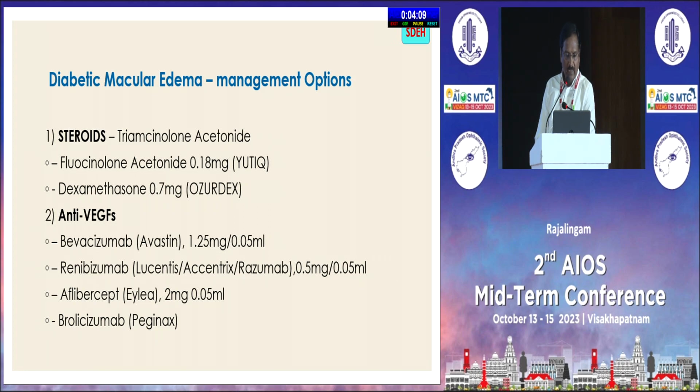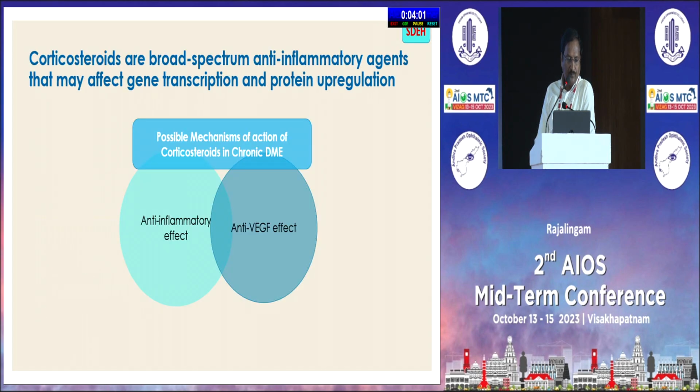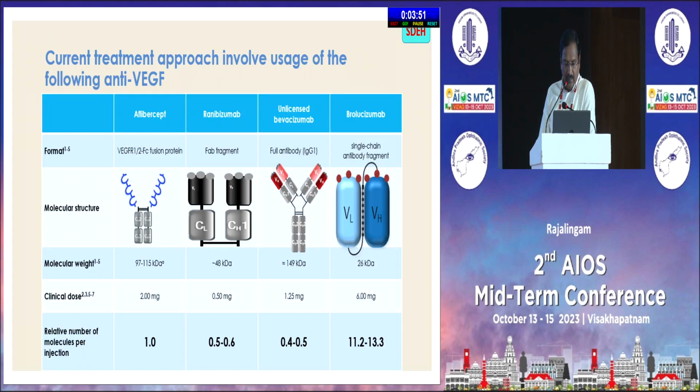There are many options available: steroids, anti-VEGFs, lasers, and ultimately pars plana vitrectomy. Steroids act in chronic CME with an anti-inflammatory as well as an anti-VEGF effect. These are the different types of anti-VEGFs available, with all specifications mentioned here.